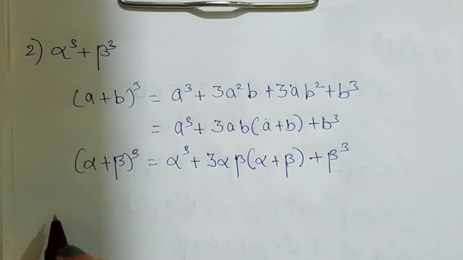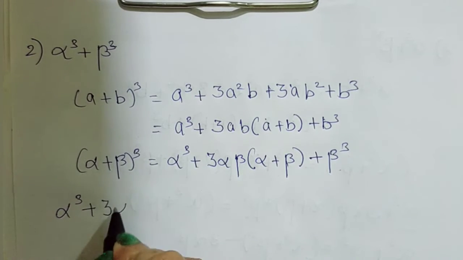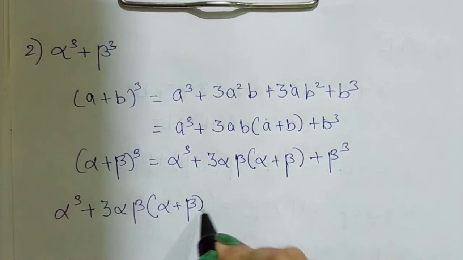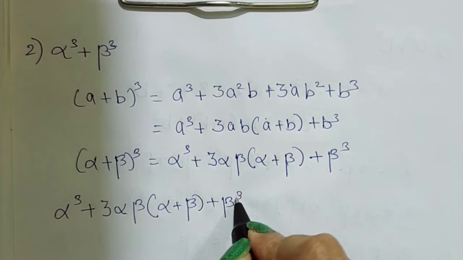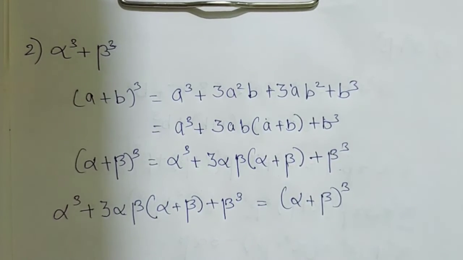This whole thing we have to write in left side: alpha cube plus 3 alpha beta, alpha plus beta, plus beta cube is equal to alpha plus beta cube.